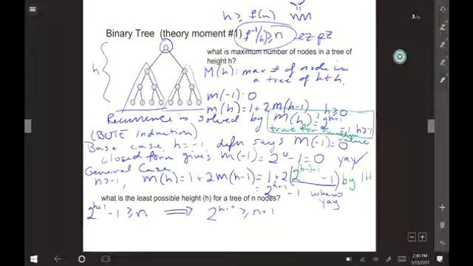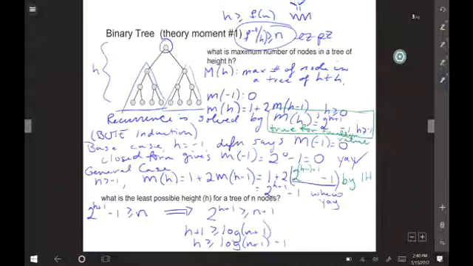And then what? Take logs. So I'm going to have h plus 1 is at least log of n plus 1, or h is at least log of n plus 1 minus 1.